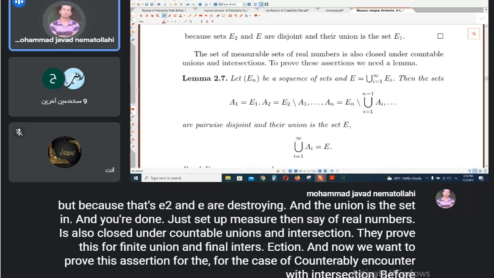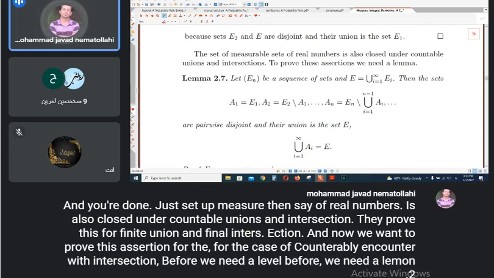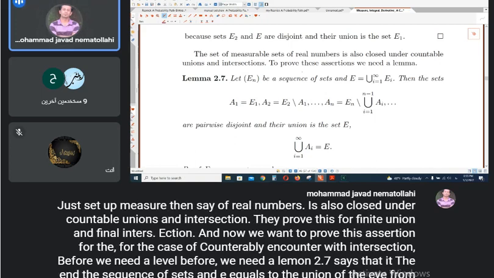Before the proof we need a lemma. Lemma 2.7 says: let En be a sequence of sets, and E equals the union of Ei from 1 to infinity.